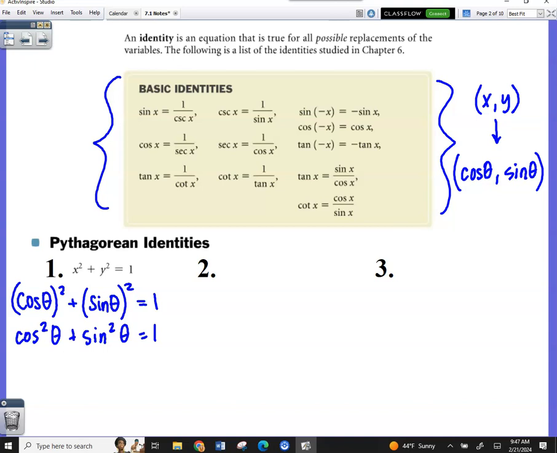I don't know why, because it's alphabetical order, but it just doesn't roll off the tongue as well. Sine squared plus cosine squared equals 1 is the proper way to write it. So I'm going to rewrite it like this.